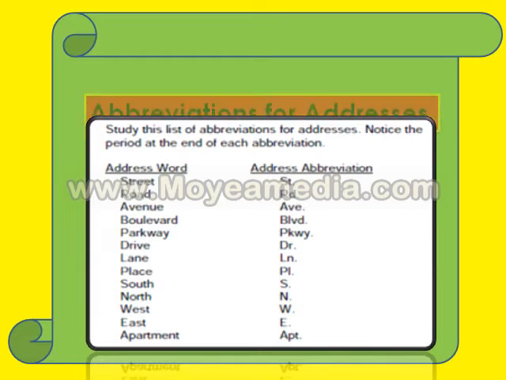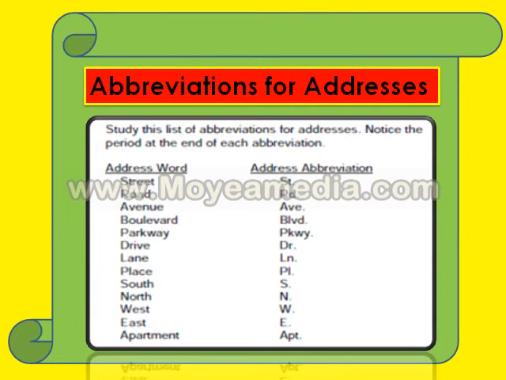So here are some more examples on how we are going to do the abbreviation. This time we are going to abbreviate different addresses. So study this list of abbreviations for addresses. Notice the period at the end of each abbreviation. When we are doing abbreviation, we need to put a period at the end of each abbreviated word.